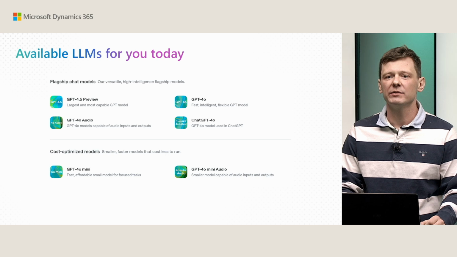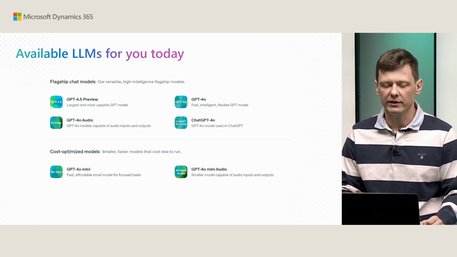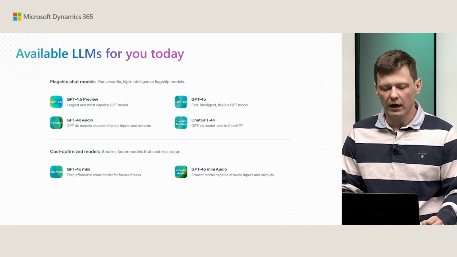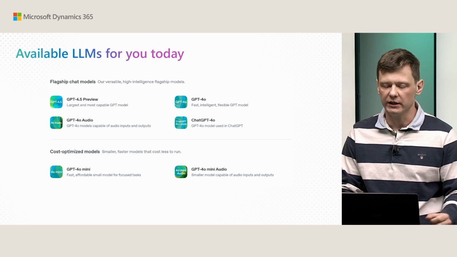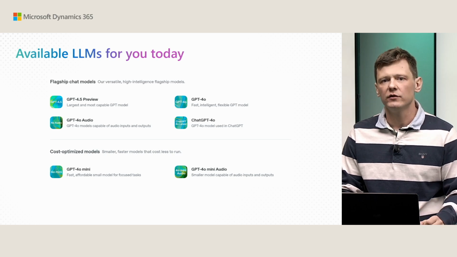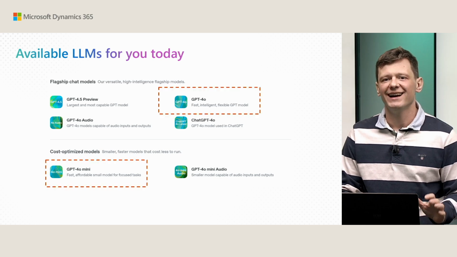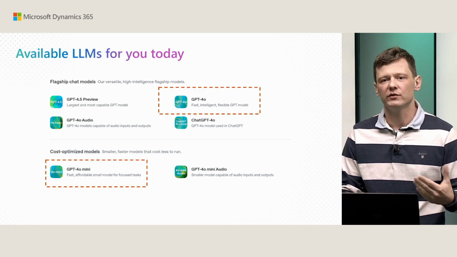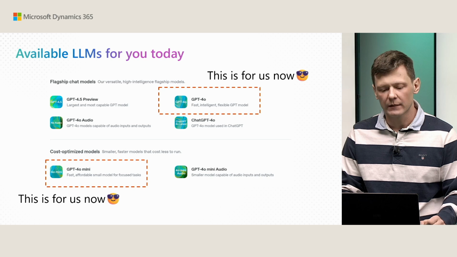Okay, let's become a little bit more concrete. What do we mean by that, and what is available for you as a partner as of today? We're talking about as of the time of this recording, as of this wave, and in the future it'll probably evolve. If you go to the OpenAI website, you have so many models available to you. And as a part of our dev tools today, we give you access to GPT-4o and GPT-4o Mini.